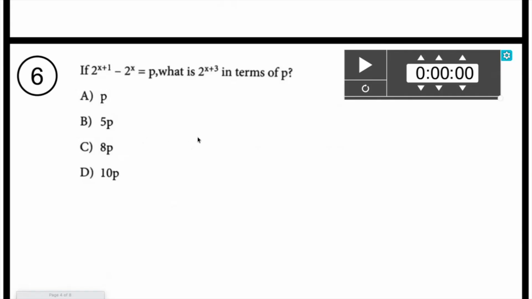So the more algebraic way, which could come in handy on certain problems, is to think of this as 2 times 2 to the x. That's because there's an imaginary 1 here, and if I added the exponents, I would get x plus 1.